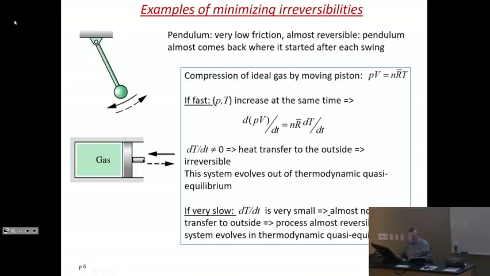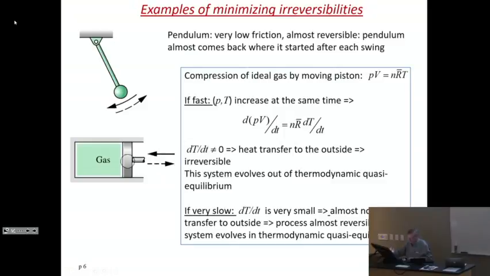Now let's take a look at why we needed the concept of quasi-equilibrium, which I introduced in lecture 3 or 4. Take your ideal gas with an equation of state PV = nRT, and take your piston and push on this ideal gas. If you push really fast, you're going to have a change in pressure and a change in temperature that accompany each other.